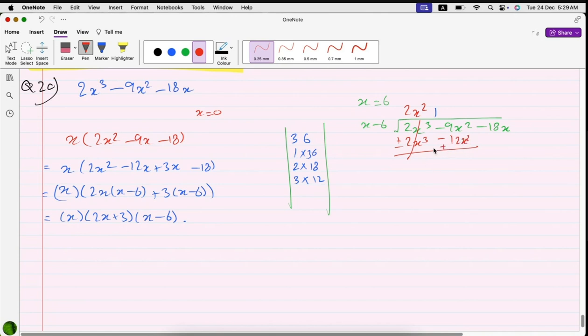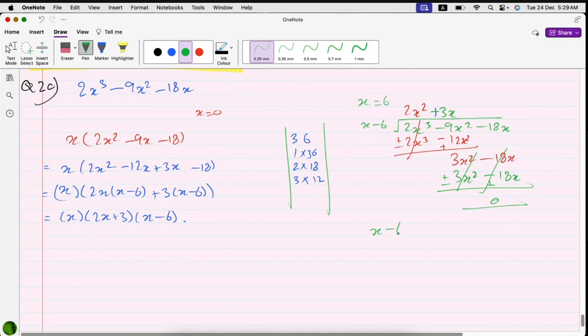And then plus, so this is 3 only. 3x square minus 18x. So then plus 3x is 3x square and 6 3 times is 18x. Signs changed.